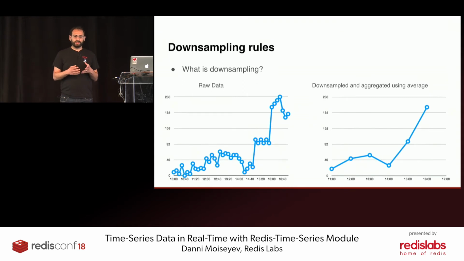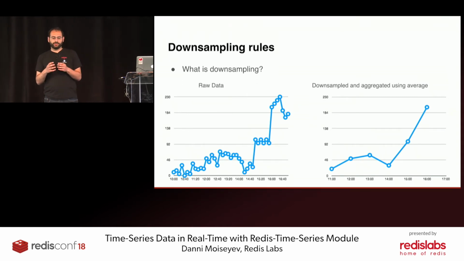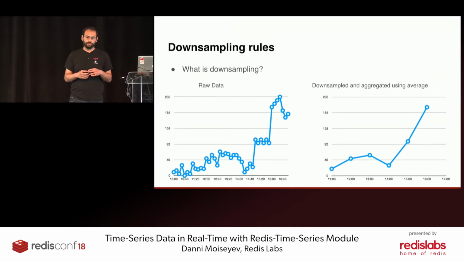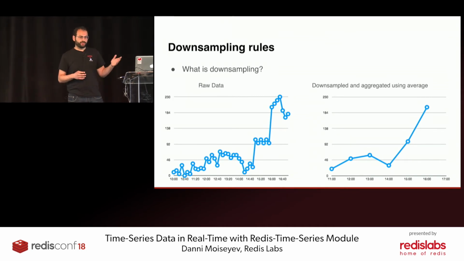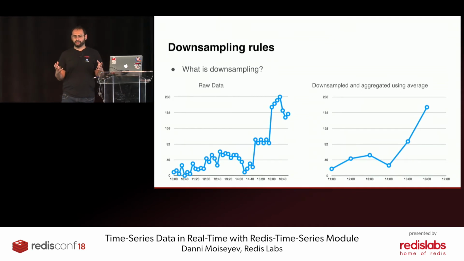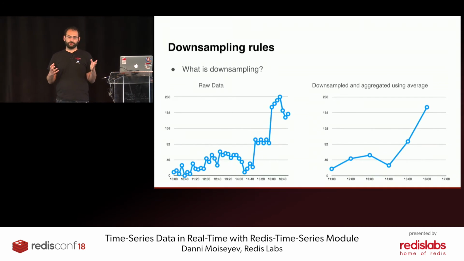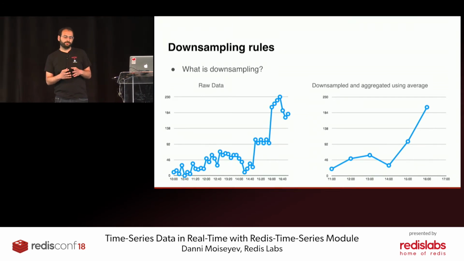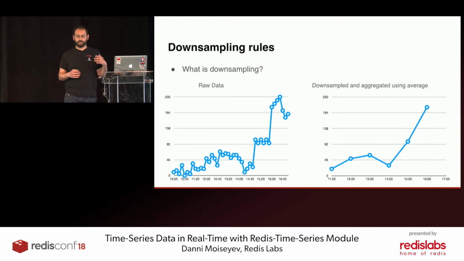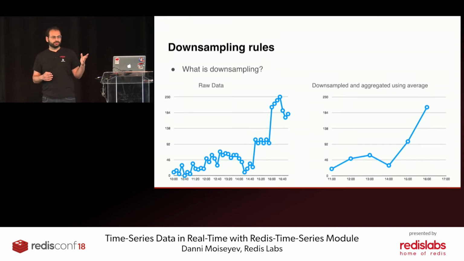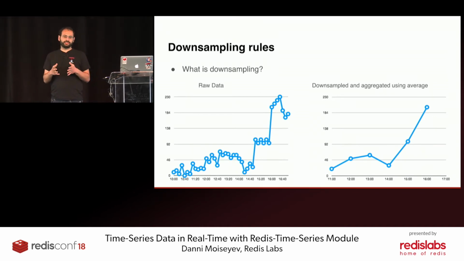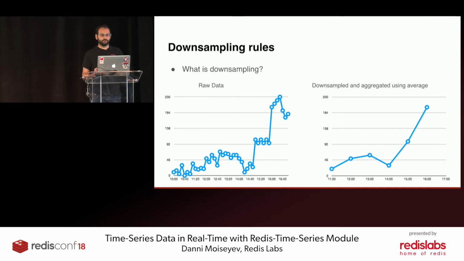So we still have that core data, but we keep a lot less data. Memory and RAM is expensive. If you're on Redis, it is expensive, so you probably will want to keep less data. Downsampling is a very useful technique for that. It's important to remember what your data is and know your data very well, so you use the right technique to do that.